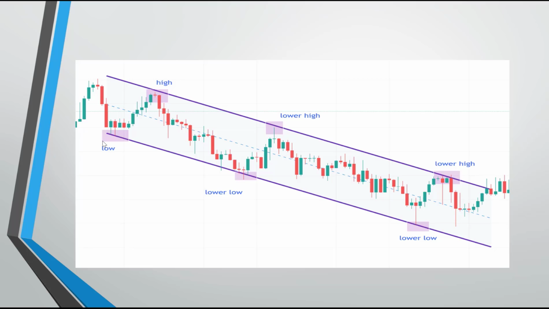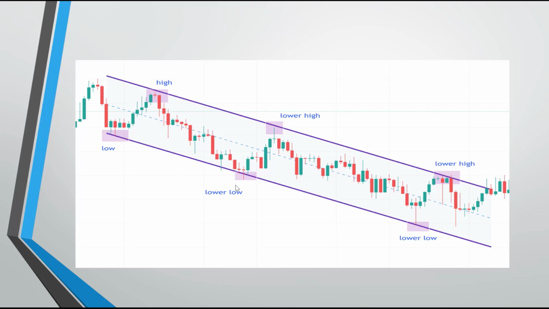Then the price was increasing, and you can see this part where we have made a kind of high, again decreasing, and the price had a reaction to this line. So as you can see, the previous point was called low, and now the price here is called lower low.